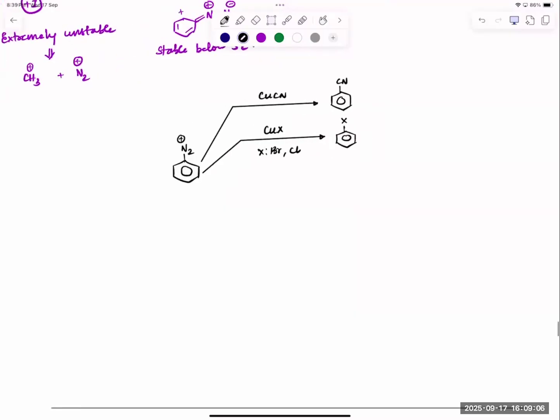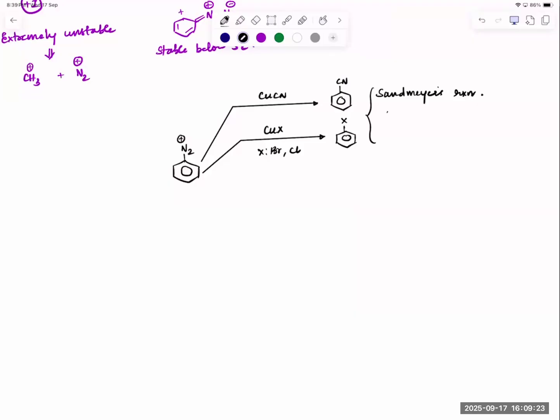Both these reactions together, because they use the cuprous salt, are called Sandmeyer's reaction.